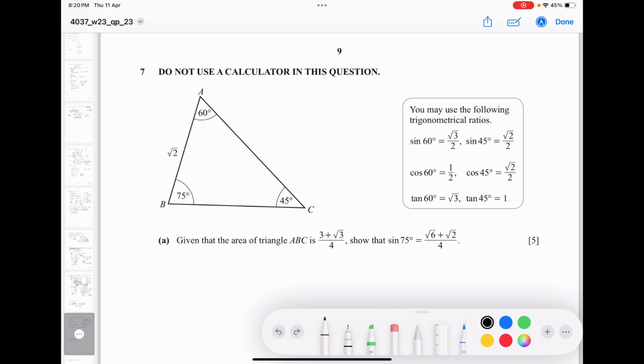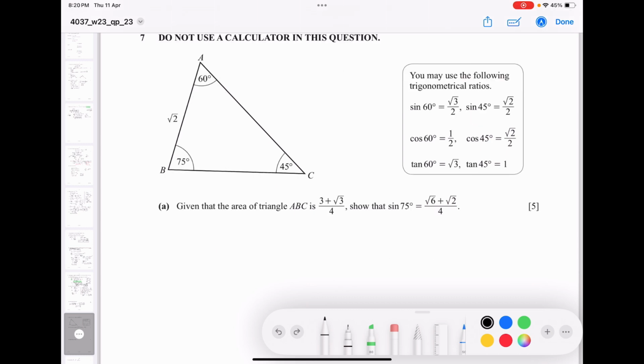Given the area of the triangle is this much, we need to prove sin 75 equals this one. Okay, we can write BC by sin 60 equals root 2 divided by sin 45. This is the sine rule. We have already seen it in the formula sheet.